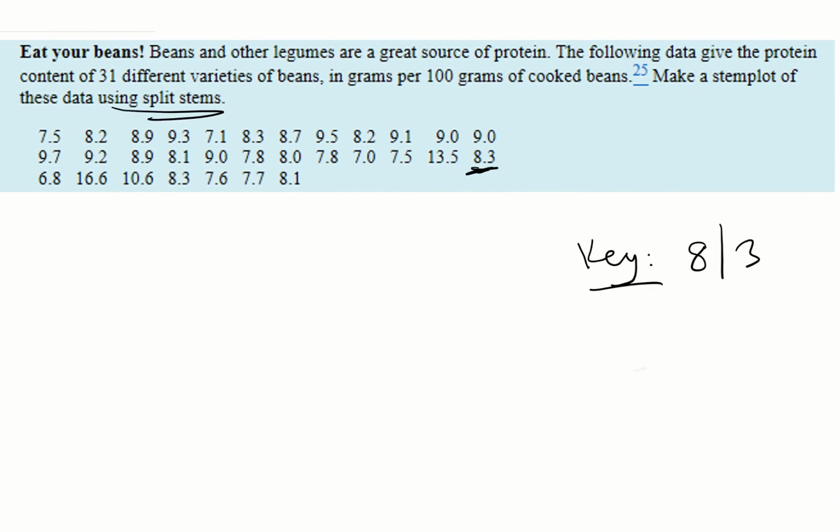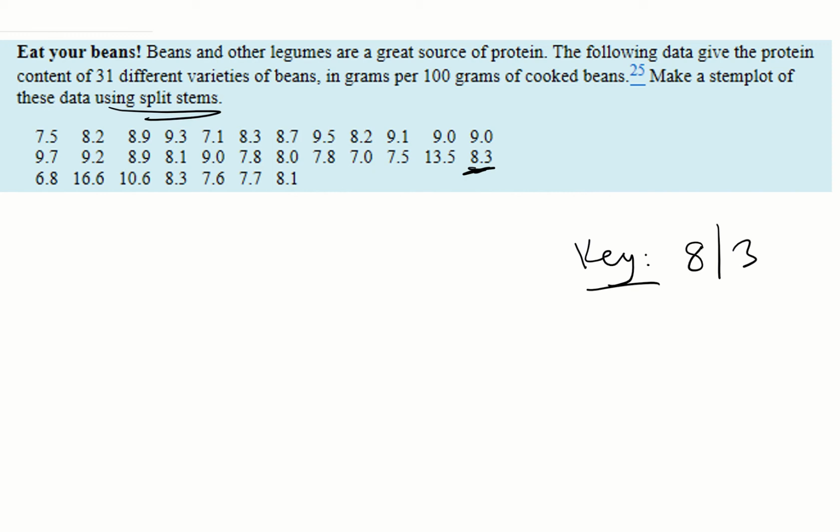And what does the 8.3 signify? In this example, the data give the protein content of different varieties of beans in grams per 100 grams of cooked beans. So 8.3 represents the protein content in a particular reading here.